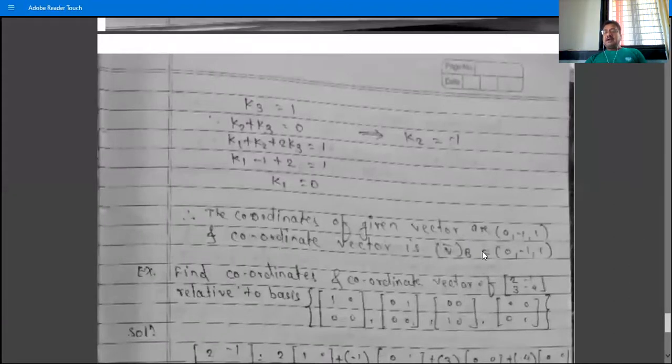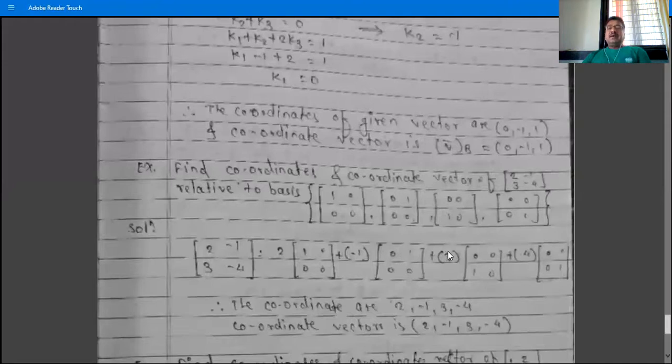Don't write round brackets for these, they are the coordinates. And the coordinate vector of v bar relative to the basis B, written as (v bar) subscript B, is equal to (0, -1, 1). So these are the coordinates, and the coordinate vector is in round brackets.